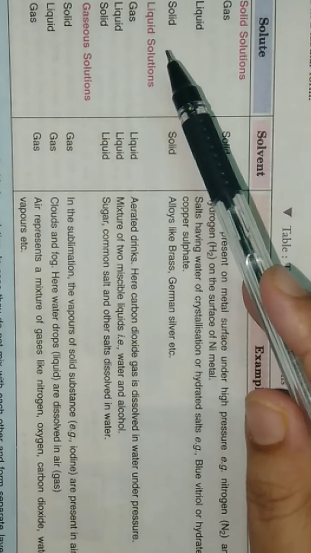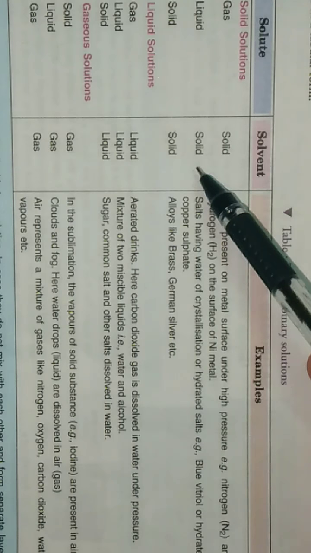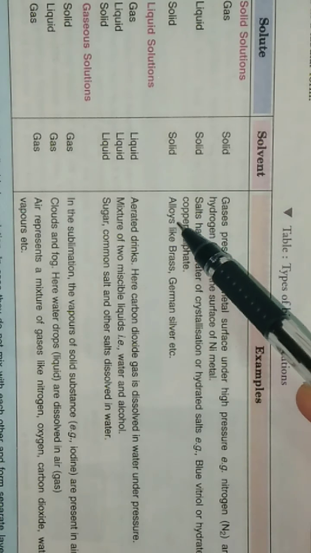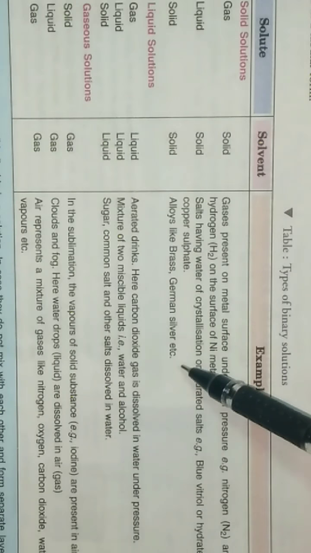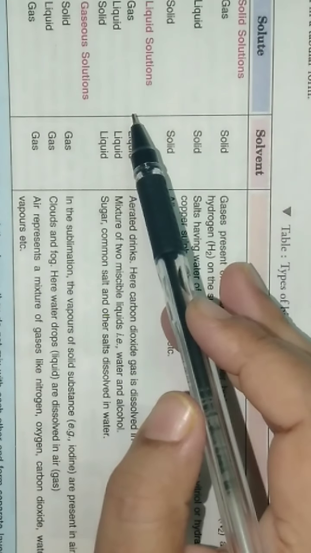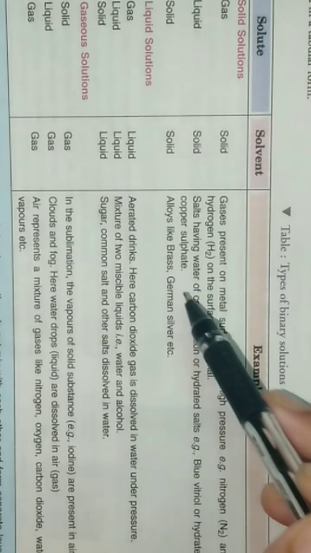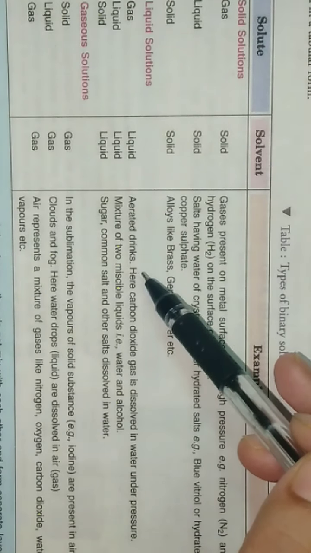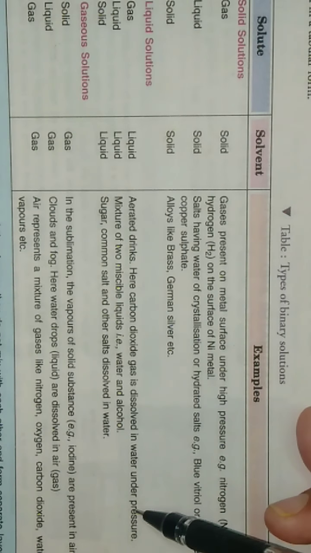Now the next is solute solid and solvent solid. Both are solids. Examples: alloys like brass or German silver. Clear? Now the next, liquid solution. Solute gas and solvent liquid: aerated drinks, where carbon dioxide gas is dissolved in water under pressure.